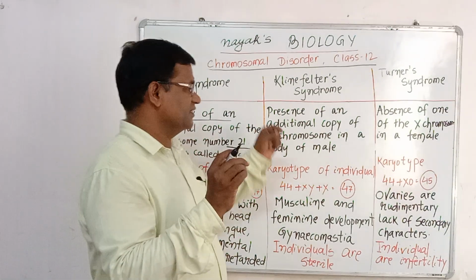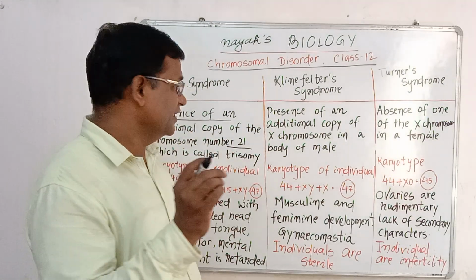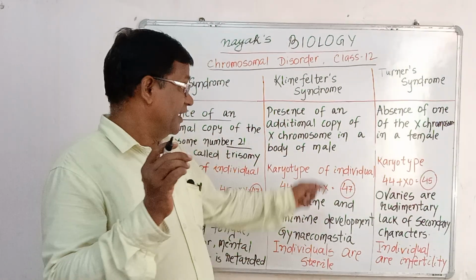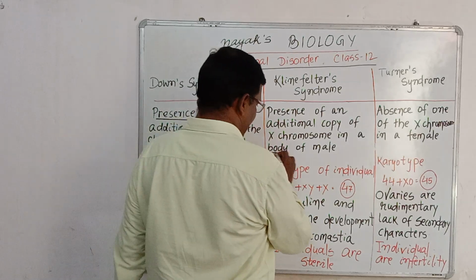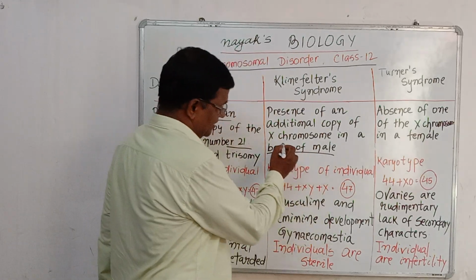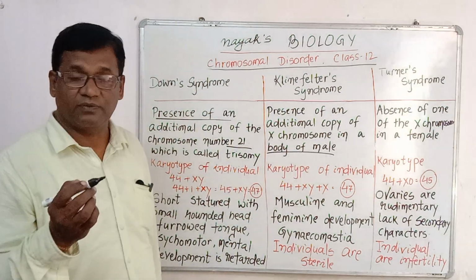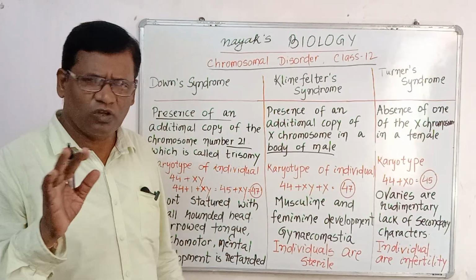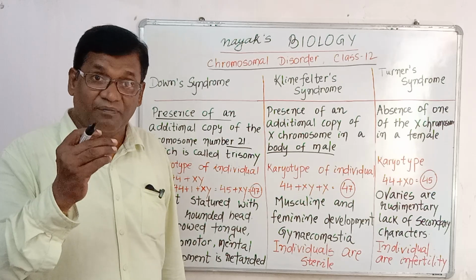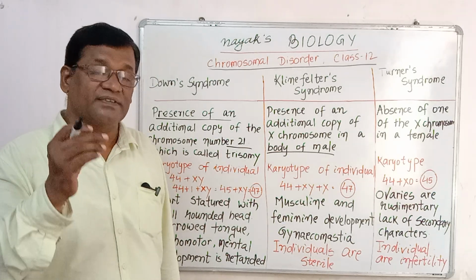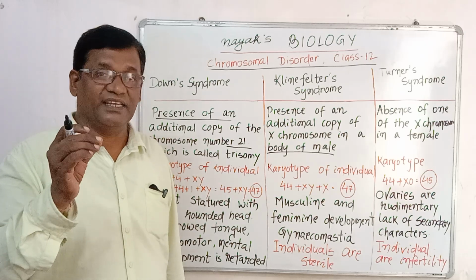Now come to Klinefelter syndrome. Klinefelter syndrome is the presence of an additional copy of the X chromosome in the body of a male. It is clearly mentioned, in the body of a male. A male has the chromosomal configuration XY, as you all know from lower classes, but here there is one more X chromosome.